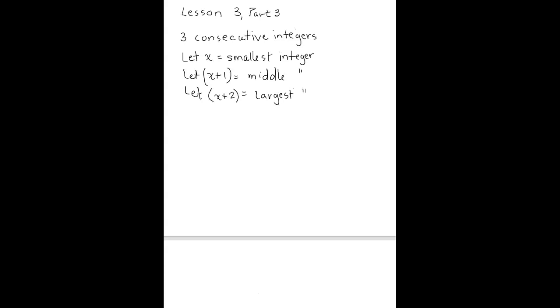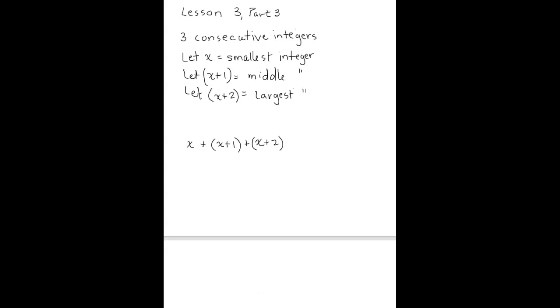Then we're told that the sum of them, so I'm going to add them together, is 13 more than 2 times the smallest number. So if I have x plus x plus 1, right, this is my middle integer, plus x plus 2, there's my larger integer, and we're saying it's 13 greater than twice the smallest of the 3 integers.